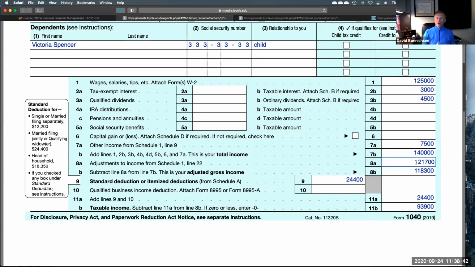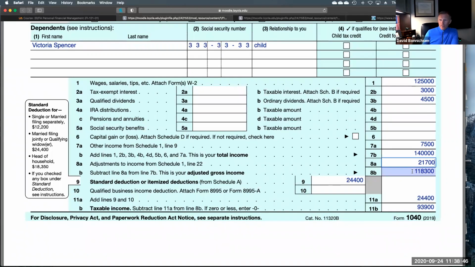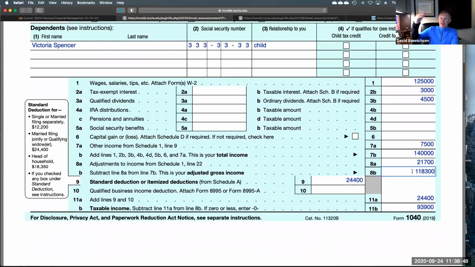We brought that over as an adjustment to income from Schedule 1. Basic math, we take income minus the adjustments to get to our adjusted gross income. So the Spencer family AGI is $118,300.